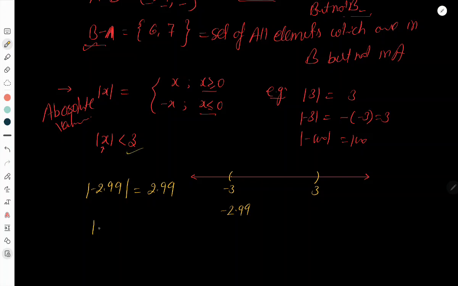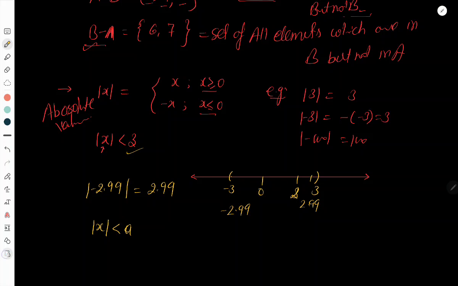So whenever you write modulus x is less than a, it means you can take any number from greater than minus a to less than a. Here you can take 0, which is less than 3, or 2.99, which is less than 3, correct or not?